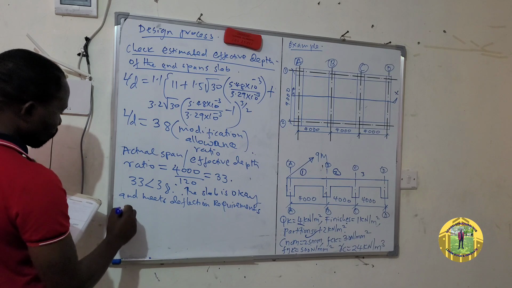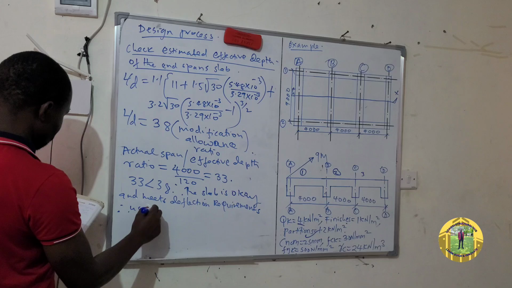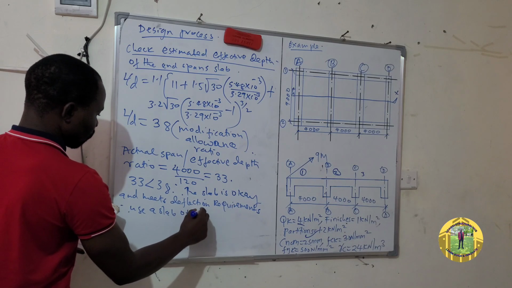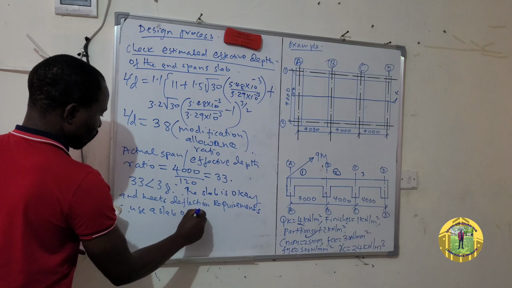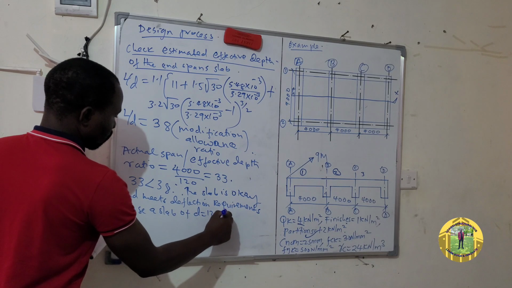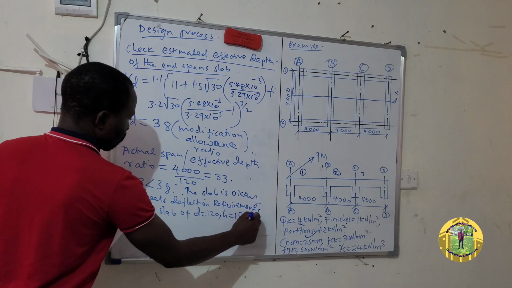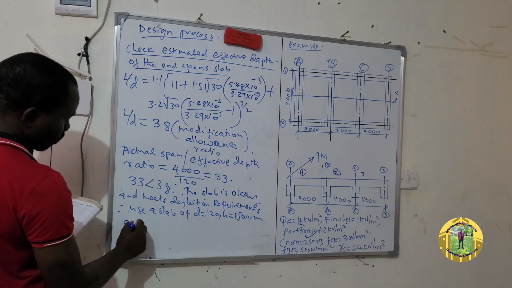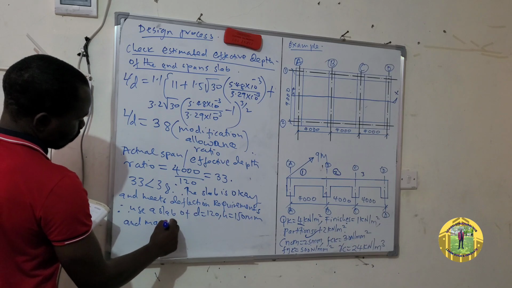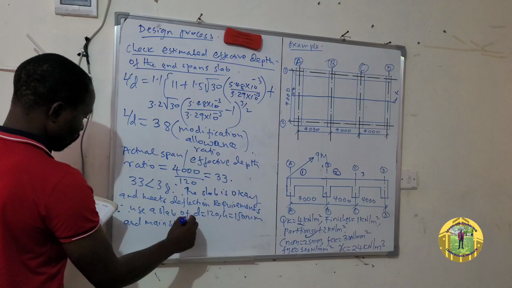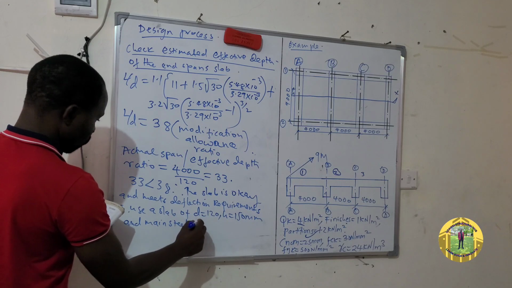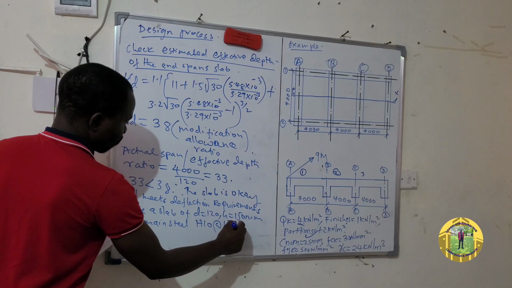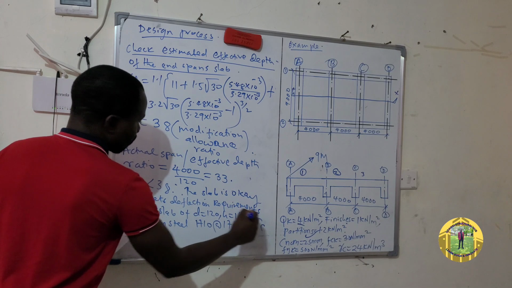Therefore, use a slab of effective depth D equal to 120, H equal to 150 millimeters, and main steel H10 at 175 millimeter center to center.